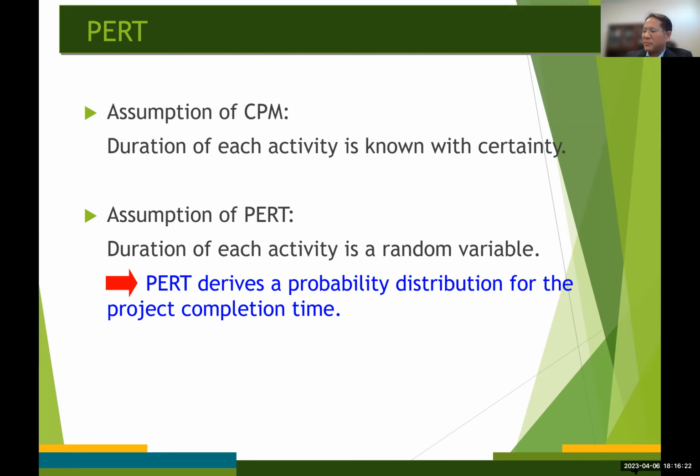So PERT is an attempt to correct these shortcomings of CPM by modeling the duration of each activity as a random variable with known mean and standard deviation values, and then deriving a probability distribution for the project completion time.